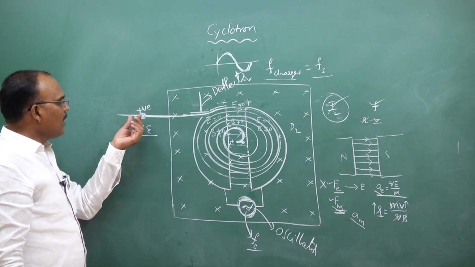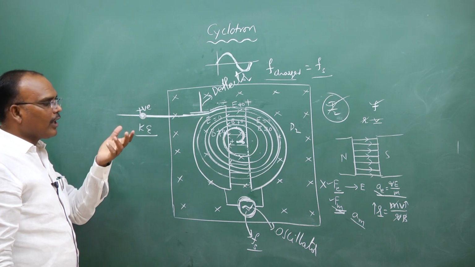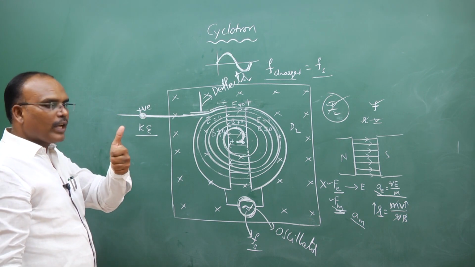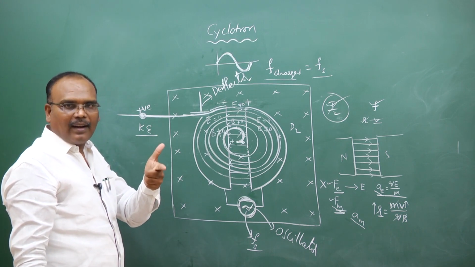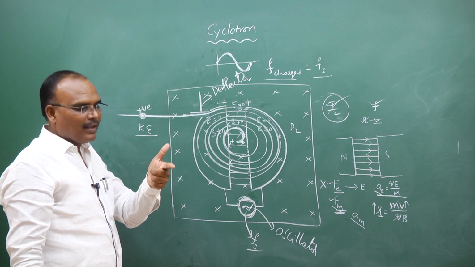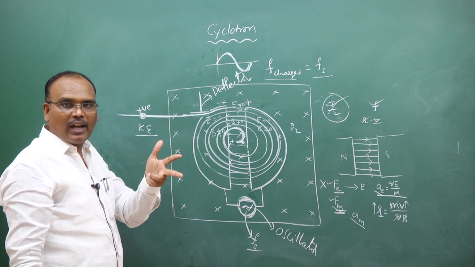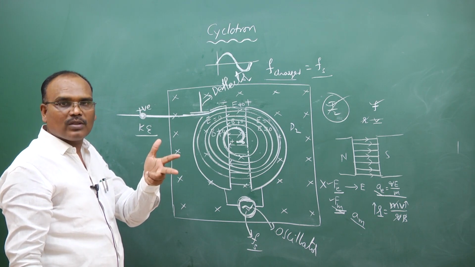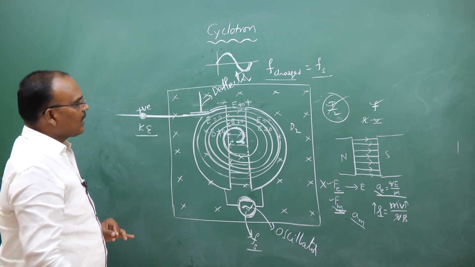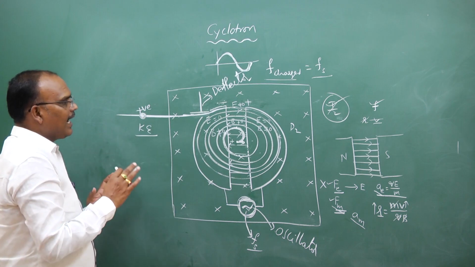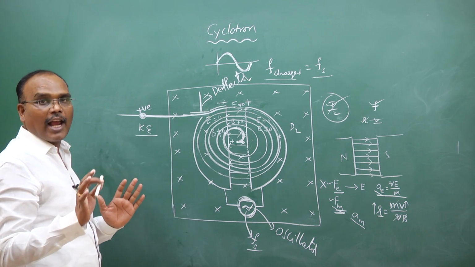I said already, this high kinetic energy ion can be used to kickstart radioactivity, to cure cancer in medical purposes, and it can be used for nuclear reactions, and even for studying nuclear structures. Okay, this is how we are going to get high kinetic energy ions.